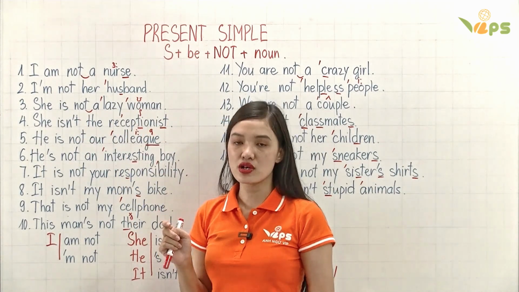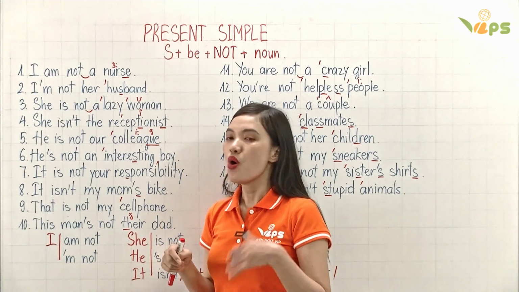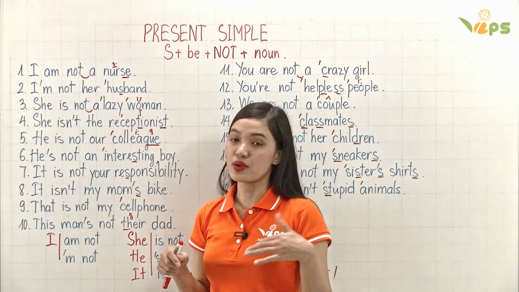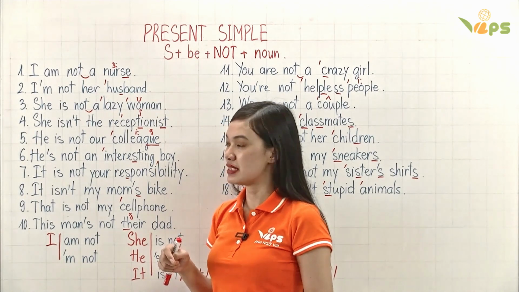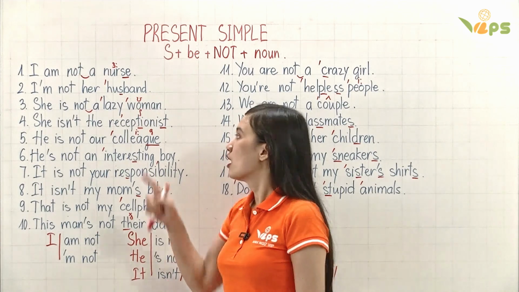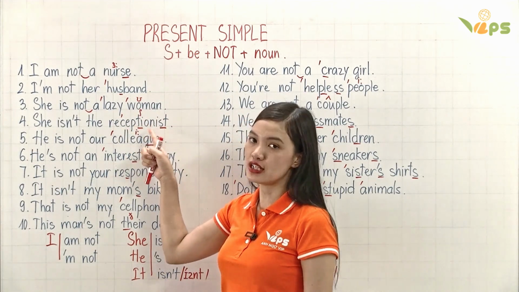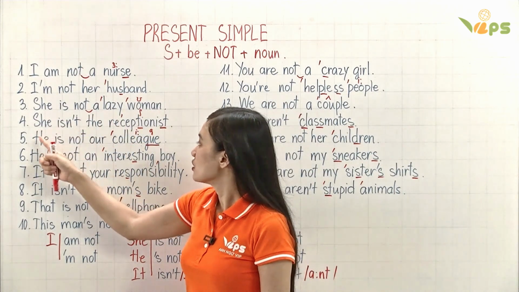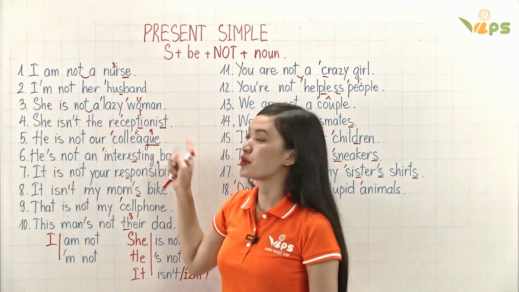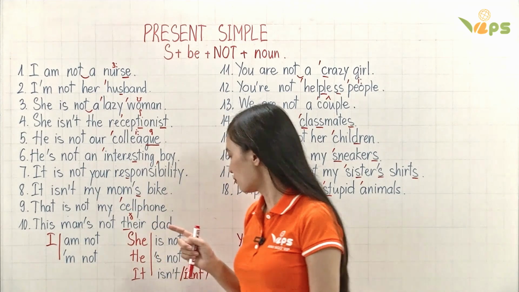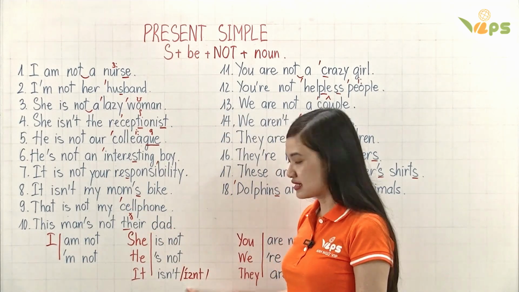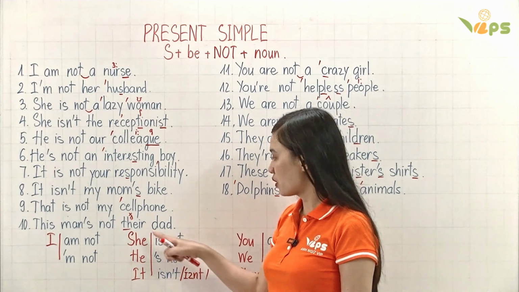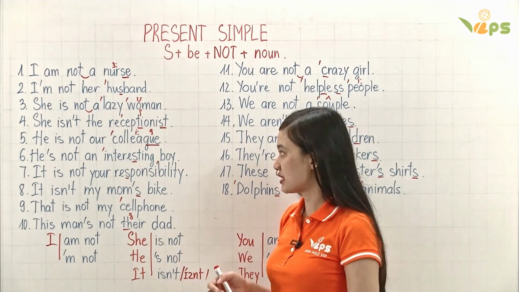Receptionist is a person whose job is to welcome guests or customers, or they have to answer the phone, maybe at a hotel or at a building. Receptionist. She isn't the receptionist. She isn't the receptionist, or you can say she's not a receptionist, or she is not the receptionist.